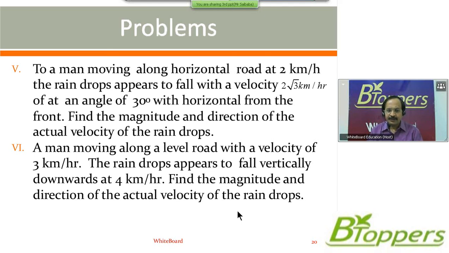Okay, in case you got the answers for the last 3 or 4 problems, you may skip the next class. You can directly go to another class where I will be discussing the motion of a boat across a river.